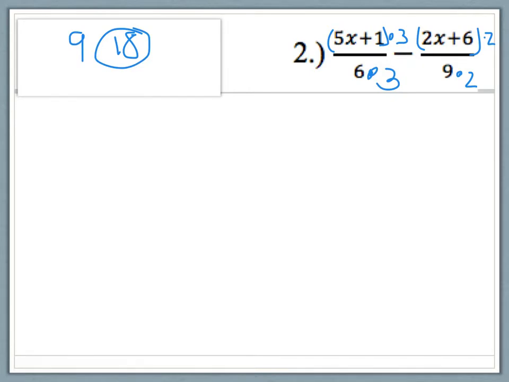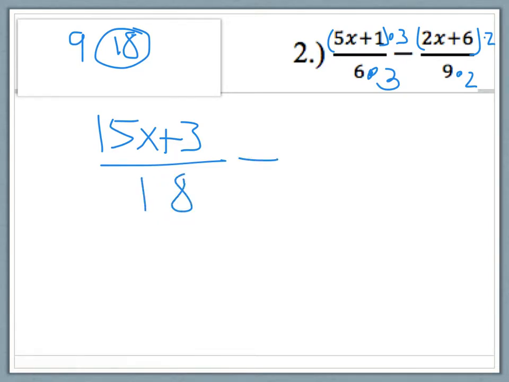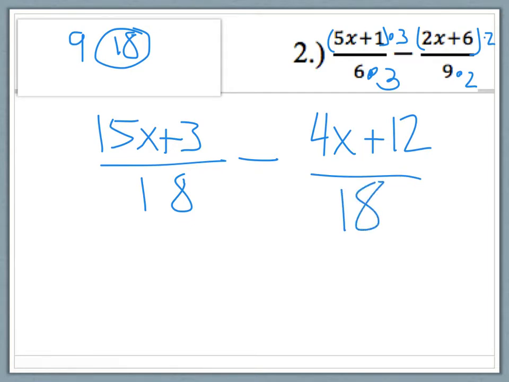Now make sure that we distribute here. It's going to be 15x plus 3 over, sorry, over 18. And then minus, I have 4x plus 12 over 18. Now we have common denominators, so we're going to combine like terms.